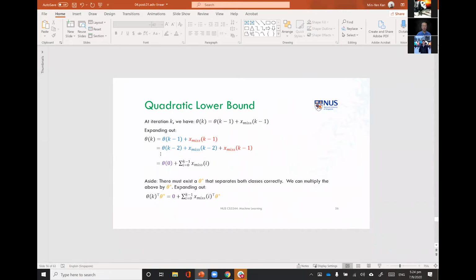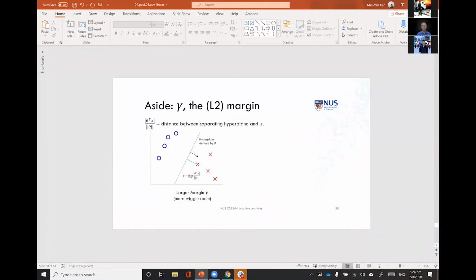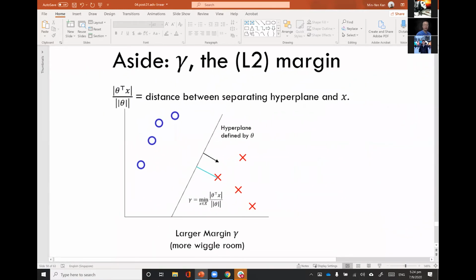In the lower quadratic bound part, we have this idea of the weight vector divided through by its norm. This is basically the separating distance between the separating hyperplane that we have currently and an x, whatever the particular instance is that we're looking at.